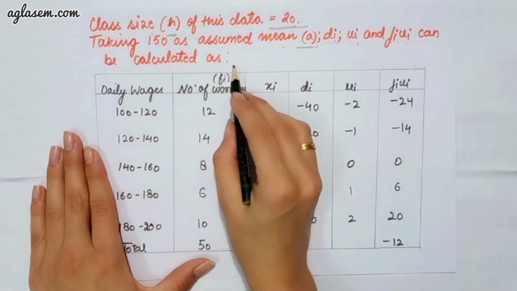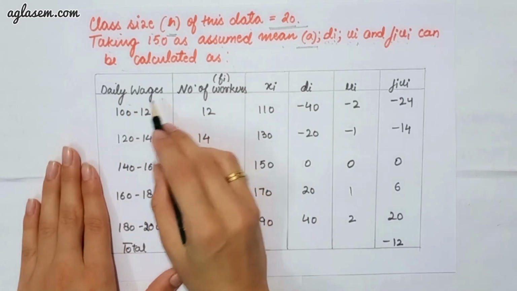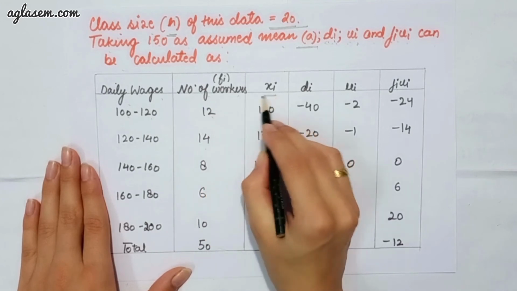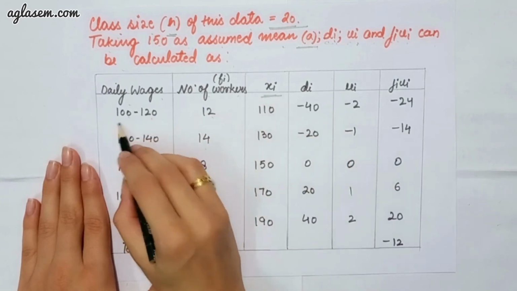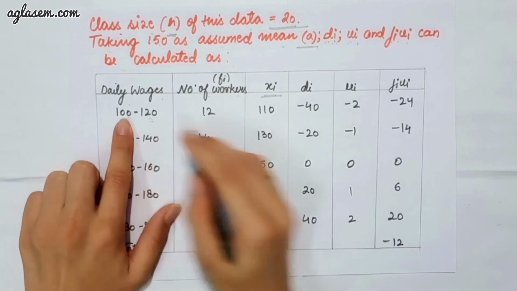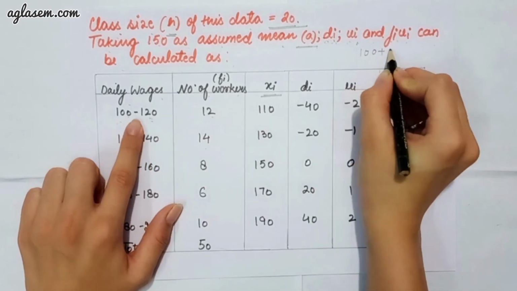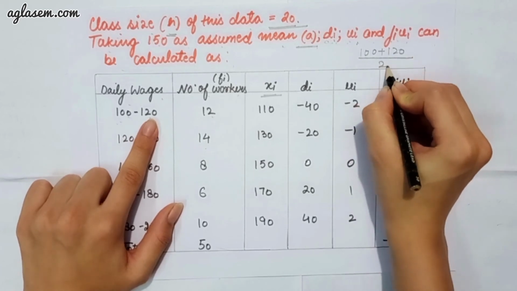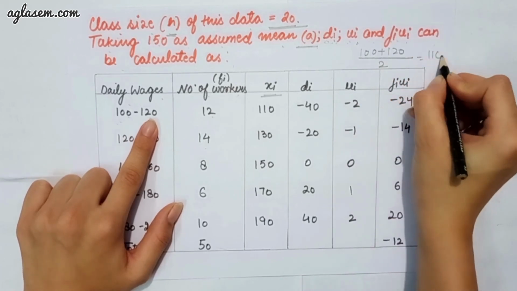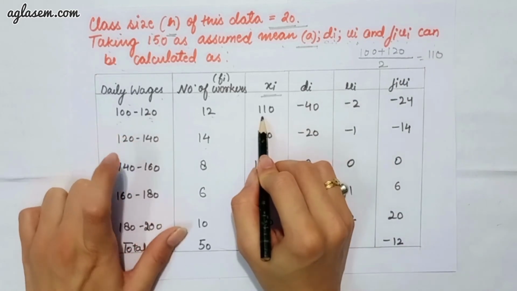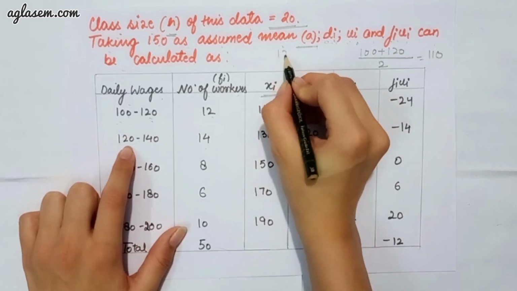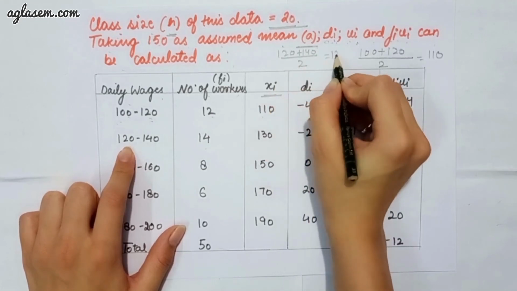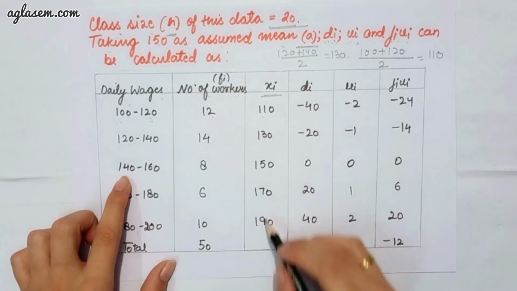For daily wages 100 to 120 the number of workers is 12, and we find xi, the middle value, as 100 plus 120 divided by 2, which gives 110. Similarly 120 plus 140 divided by 2 gives 130, and similarly for the rest.